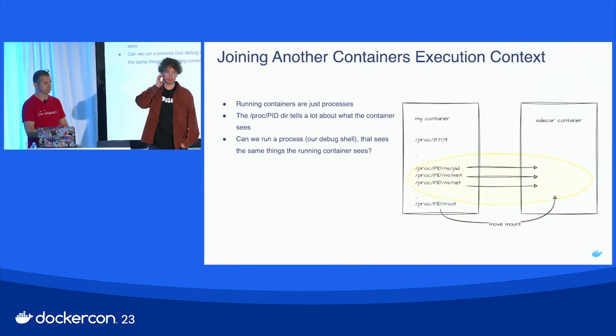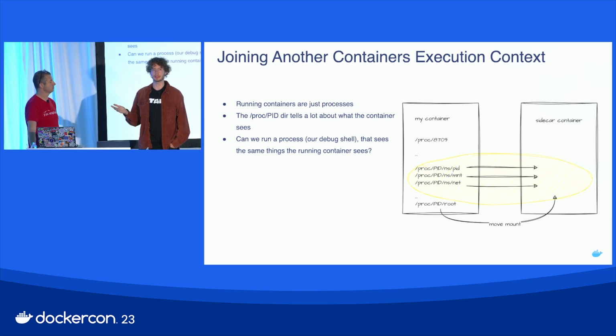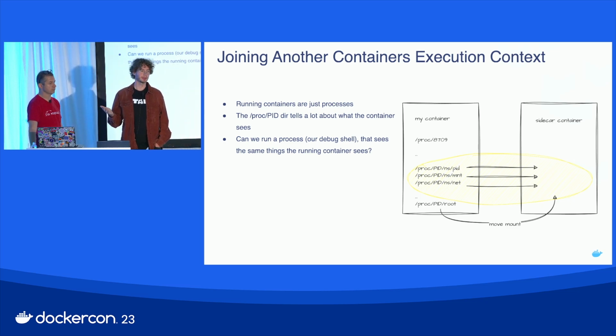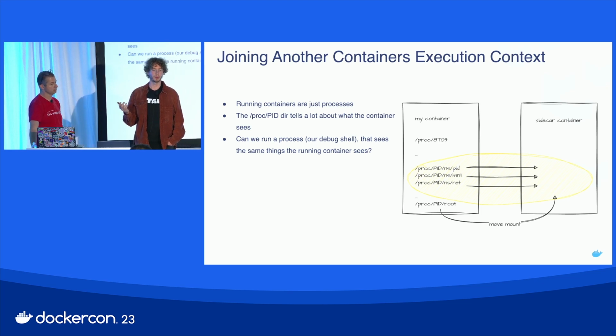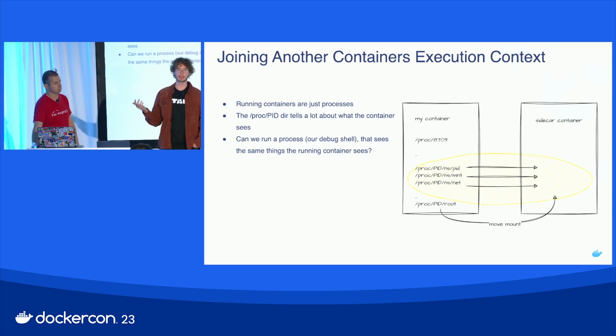Yeah, so on a technical level, when you run a container, it essentially is like a running process, but running in some special context that isolates it from the host machine. And this is what the engine creates when you start a container. So what we are doing is running a second container, but instead of creating a new isolation context, we tell the engine to reuse the one of your target container.